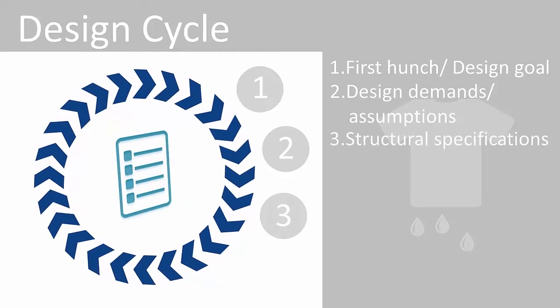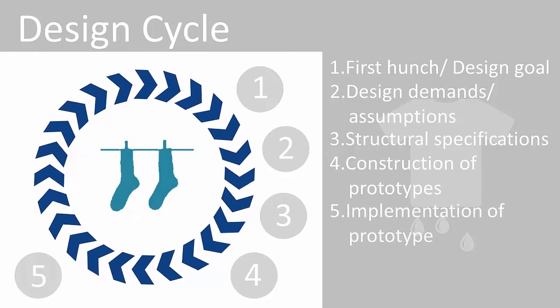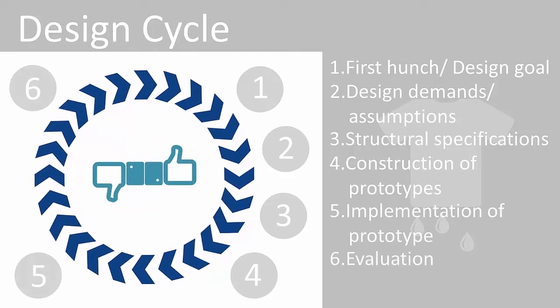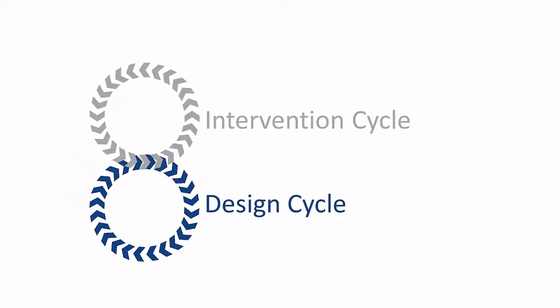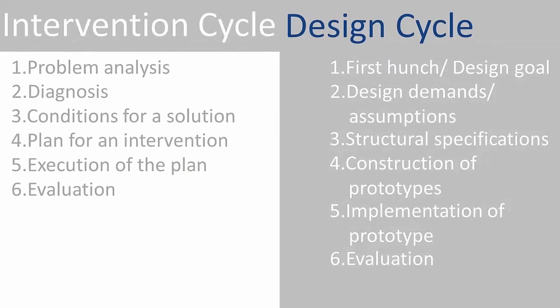Via the process of generation of possible solutions, a series of prototypes is constructed. The best prototype is chosen for implementation and the results are evaluated. That evaluation could eventually lead to another round in the design cycle or could trigger a new entry into the intervention cycle. Both cycles are connected and they influence both processes.